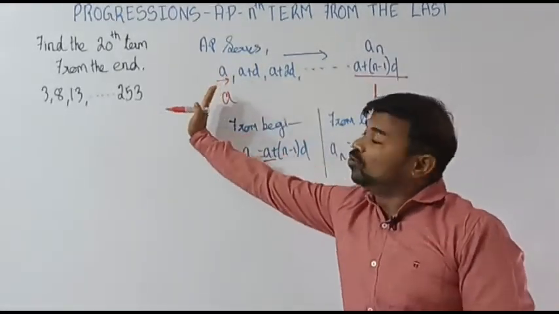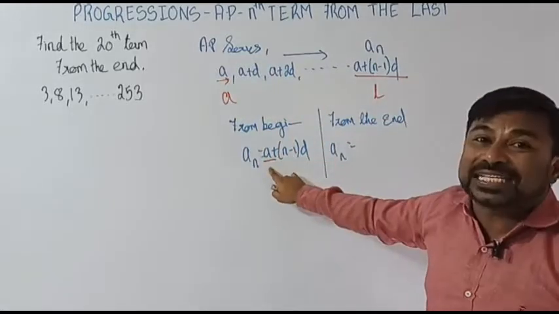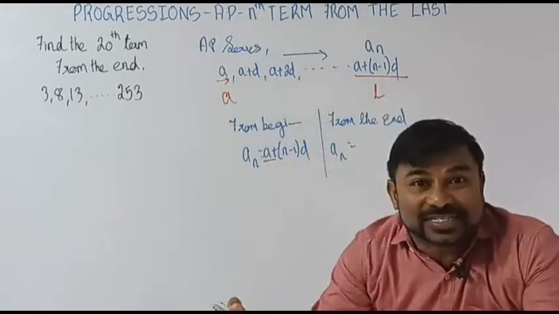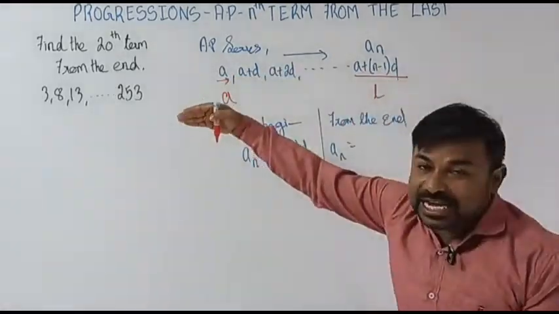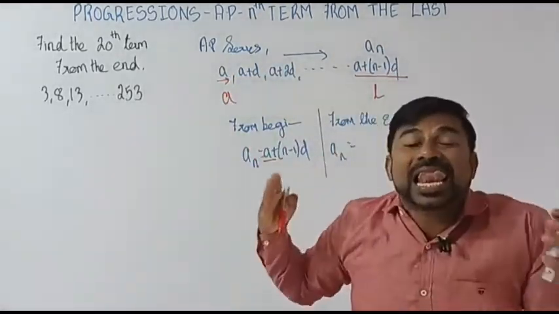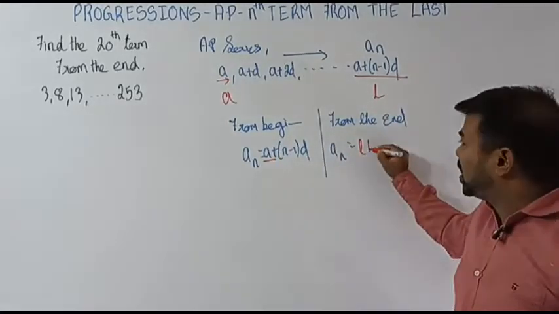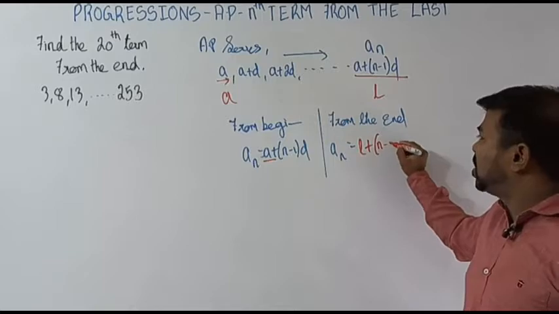Therefore, when we are moving from this direction, we start with a, because we are able to see a as first. Now when we are moving from this direction, we are able to see l as first. Therefore, we deal with l plus, obviously, the formula (n minus 1).